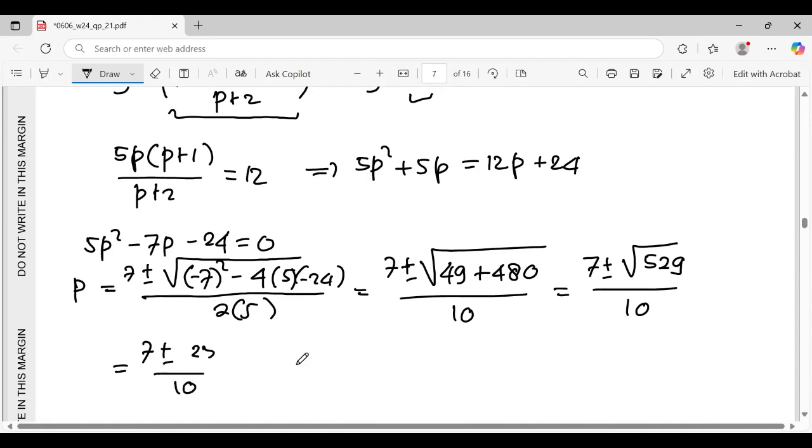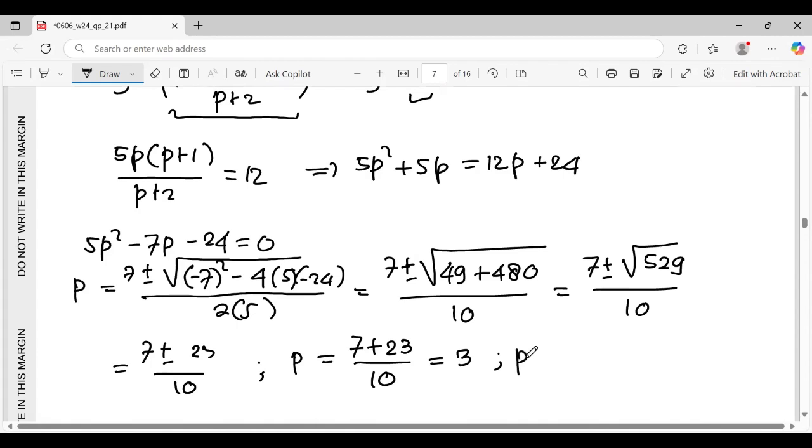So p equal 7 plus 23 over 10, which is 30 over 10, 3.